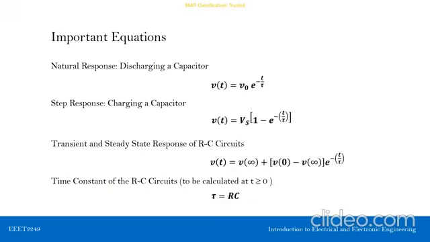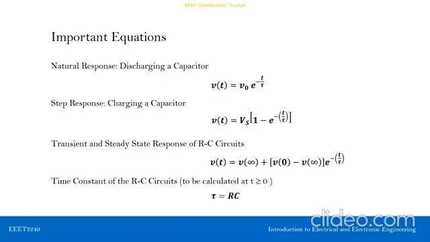Now let's summarize all the important equations that we have learned so far. For natural response or discharging a capacitor, V(t) equals V0 e to the power minus t over tau. Step response, charging a capacitor, V(t) equals Vs times (1 minus e to the power minus t over tau).